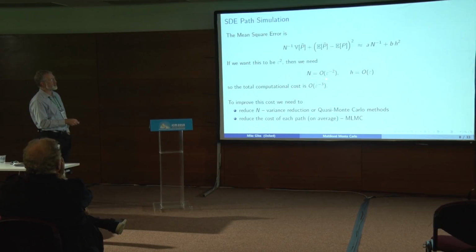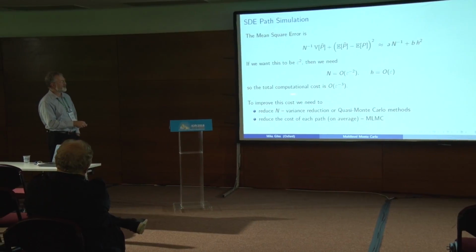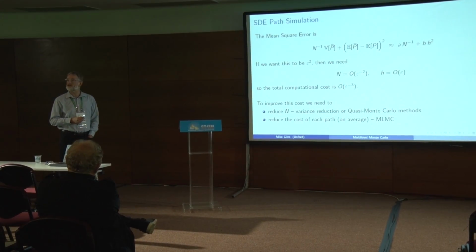So it says that the number of path simulations has to scale like epsilon to the -2, as we had in the unbiased case. But the size of the time step has to scale proportional to epsilon. And then the total computational cost will be the number of paths times the number of time steps per path. So the total computational cost is of order epsilon to the -3.